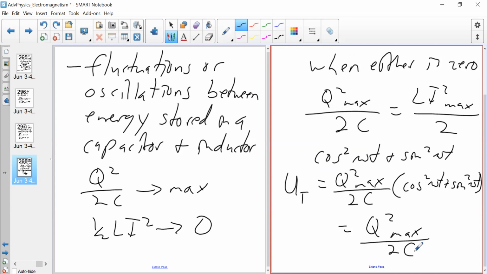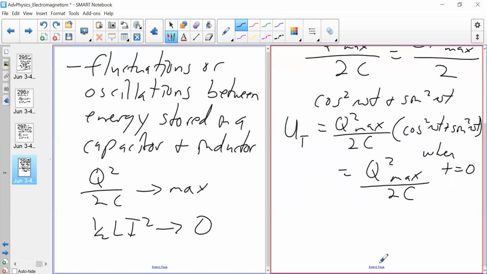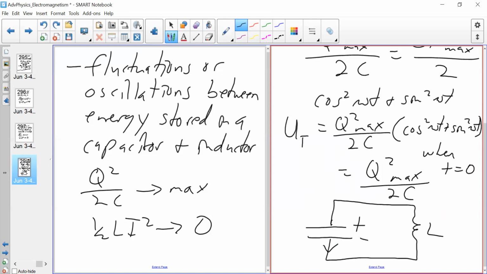All the energy is in the capacitor. It all comes back. Beautiful thing. When t equals 0, we have this right here. That was our first picture.